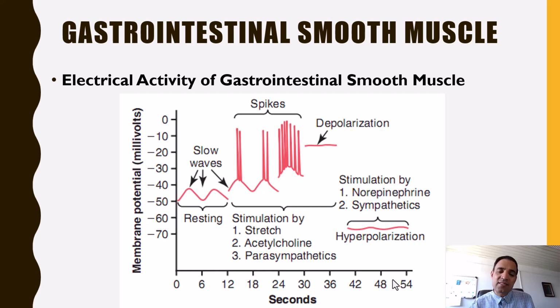And as you can see, the magnitude of slow waves is very, very tiny, even undetectable. It is very clear that in this hyperpolarized situation, there is no chance for activation and spike generation. And therefore, there is no contraction in the smooth muscle, and smooth muscle will lose its basic tone.